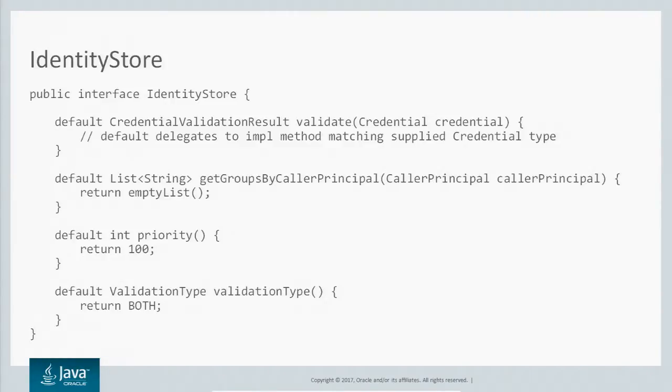And I honestly can't speak to why that decision was made. It was made before I came on board as the spec lead, but that's how it behaves. So the lower number, the higher priority, will be used? No, it won't. If there are multiple, they'll all be used, and I'll get to that in a minute.